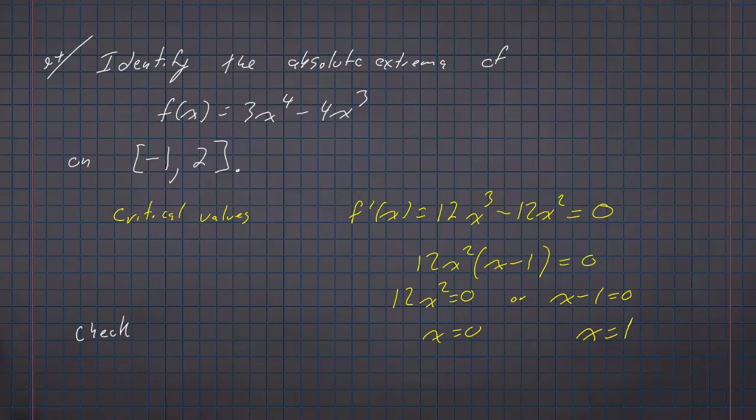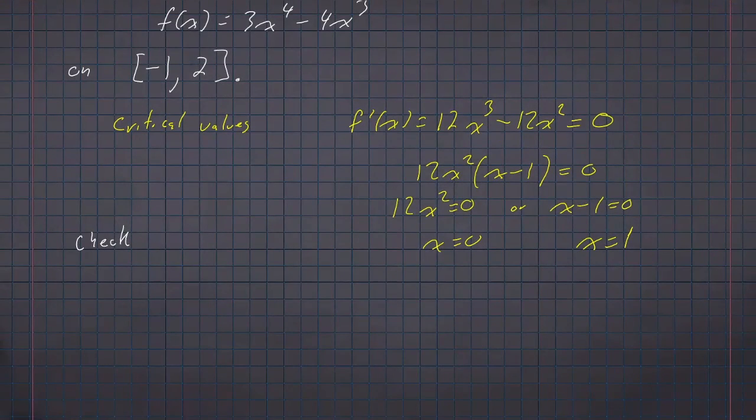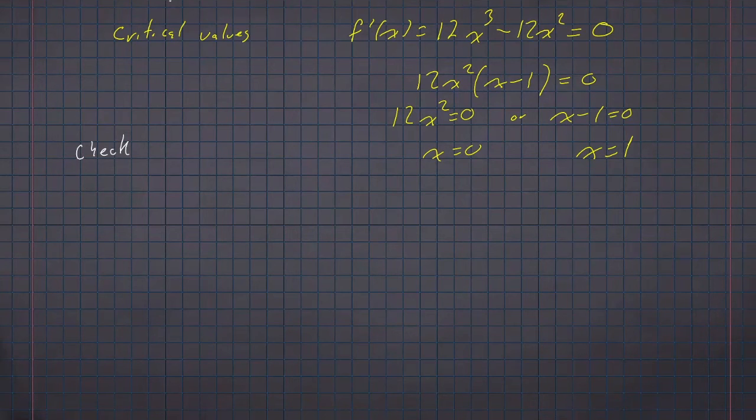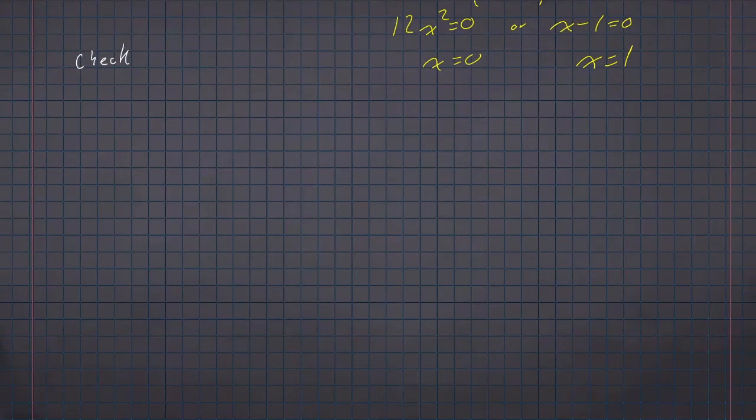So I'm going to now set up a table to check some values. And on this table, I'm going to check the endpoints and the critical values. We're looking at the interval from -1 to +2. So I'm going to check x equals -1, and I'm going to check x equals 2.